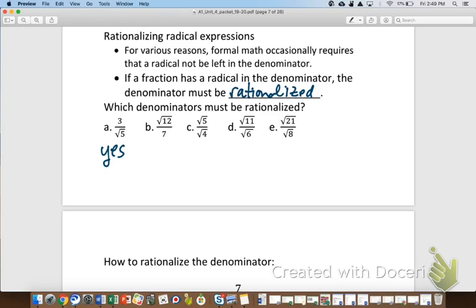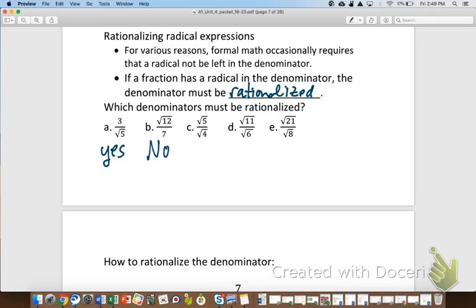Okay, part B. Do we need to rationalize part B? No. Why not? It really is that simple. There's no radical in the denominator, no square root down there. So there's no need for us to bother trying to rationalize the denominator there. C is a little tricky. Yes or no? Is there a radical down there?